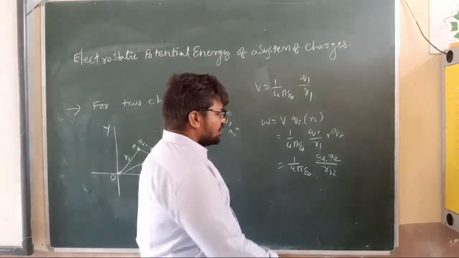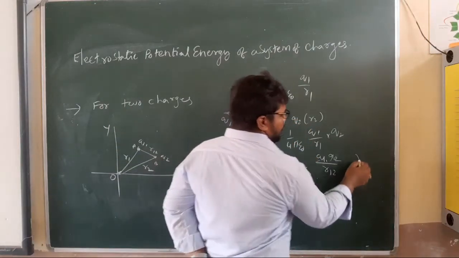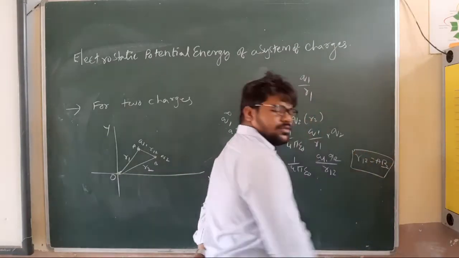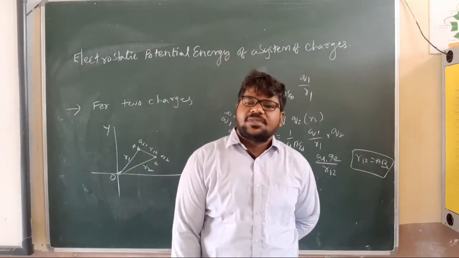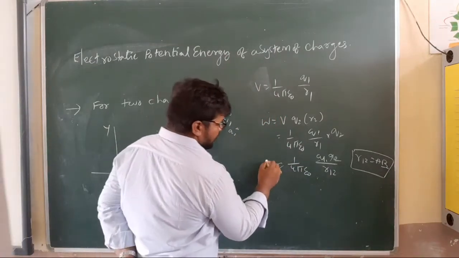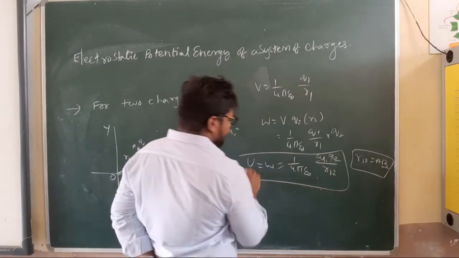Otherwise, we can write A and B, so r12 is equal to AB, my children. This amount is the electrostatic potential energy.